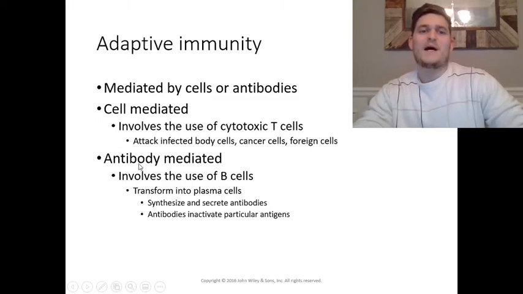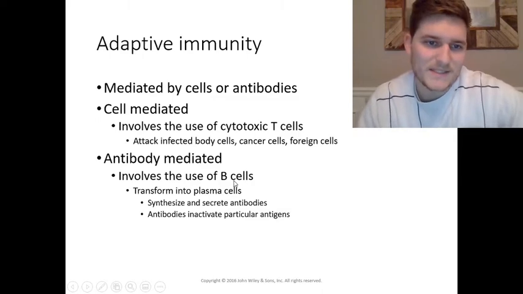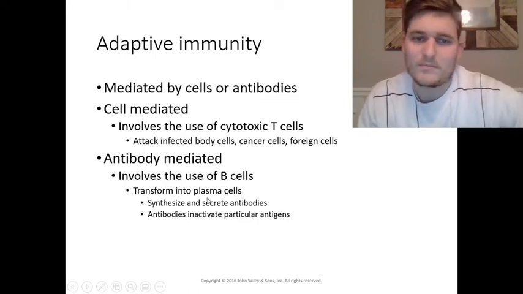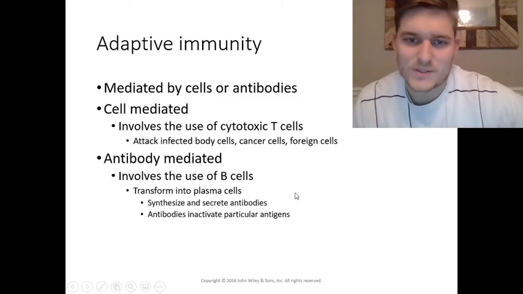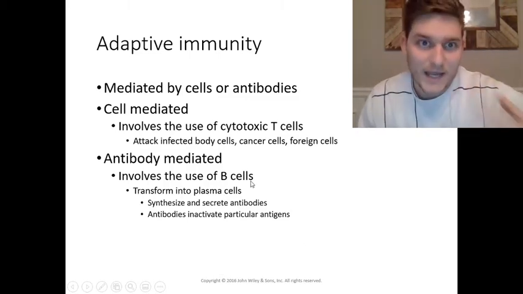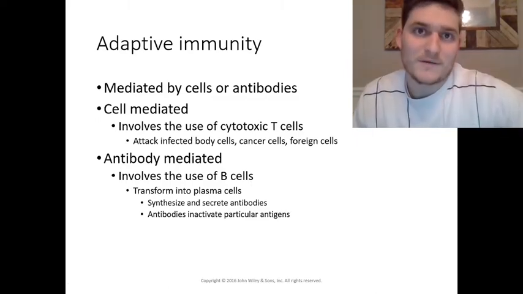And antibody-mediated is going to be, again, through the production by B cells. And then these antibodies will basically inactivate these bacteria, these pathogens, and a lot of times prevent them from replicating and dividing and stopping that growth, that spread of these foreign invaders.